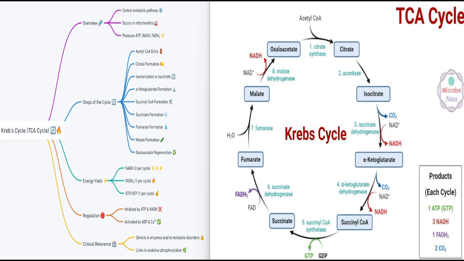E2 has about 24 copies and contains bound lipoate, and E1, that is the pyruvate dehydrogenase, contains 24 copies and contains bound TPP, and E3 has 12 copies, which contains bound FAD.